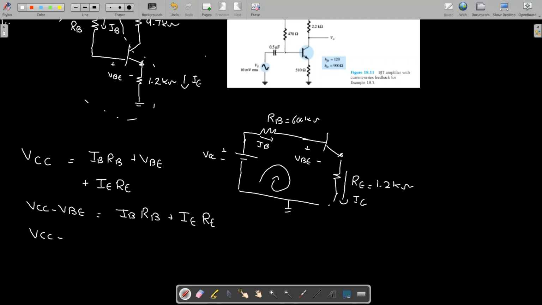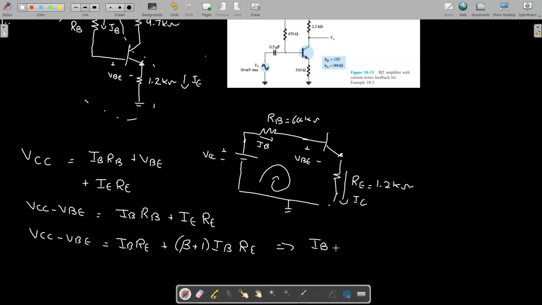So I can write this as VCC minus VBE equals IB RB plus IE RE, and we know that IE is equal to beta plus 1 IB. I can write this as beta plus 1 IB RE. Now from here I can find IB.